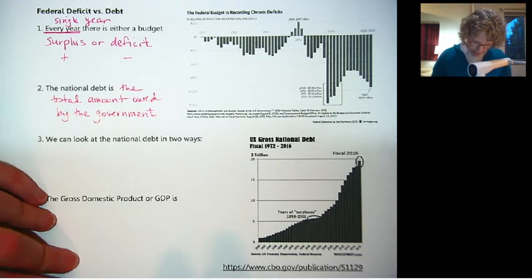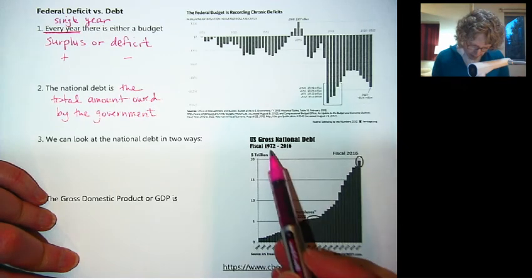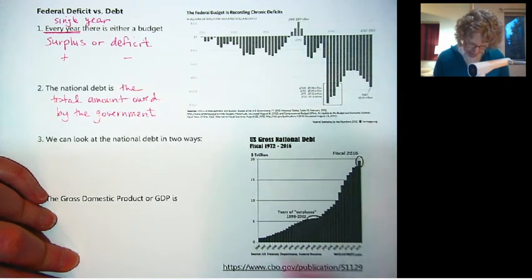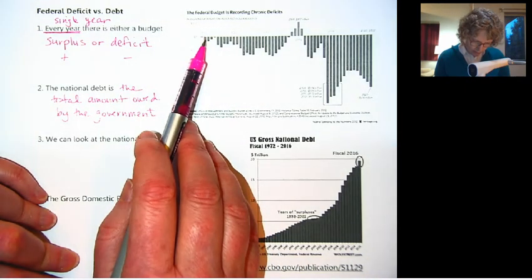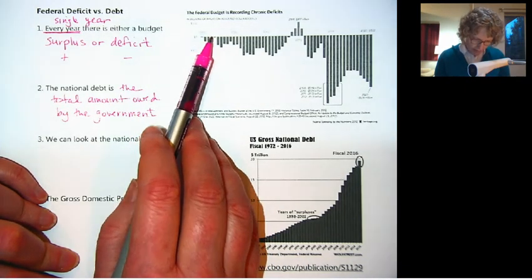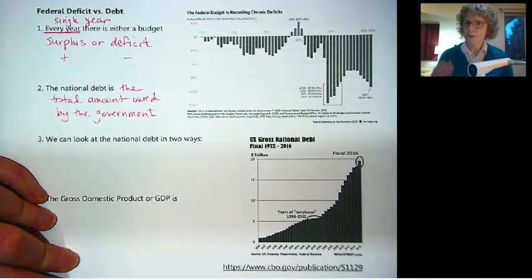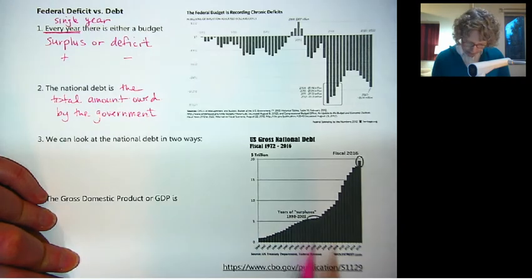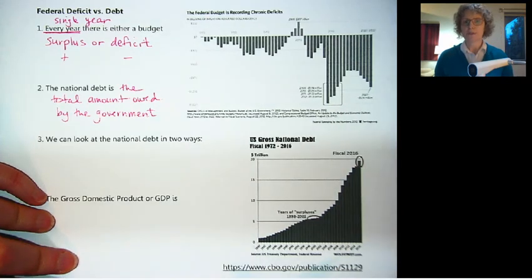So look at the second graph here. This is the U.S. gross national debt from 1972 to 2016. So what happens is, well, we have a deficit this year, and a deficit that year, and a deficit that year. We're borrowing more and more and more money. So these bars all stack up, and this is our total debt accumulating over time.